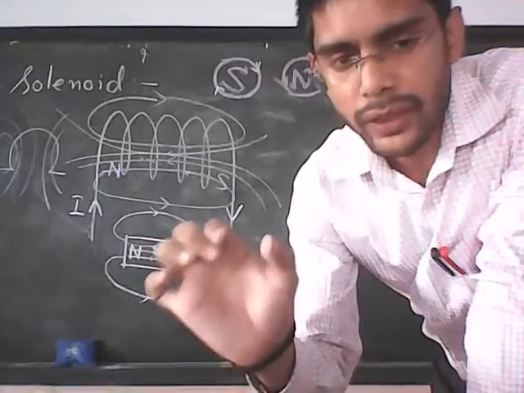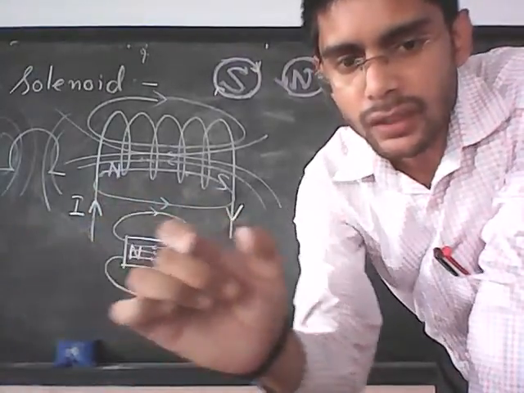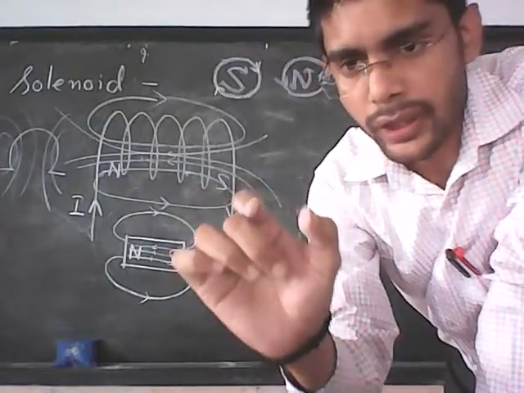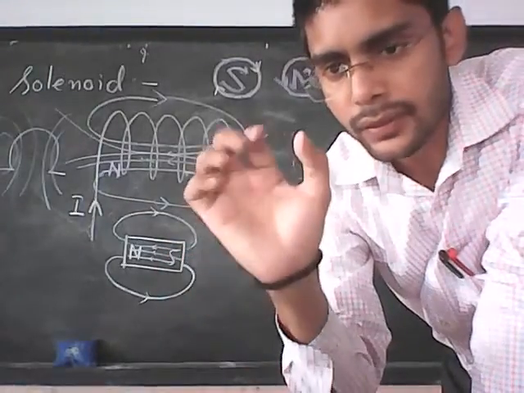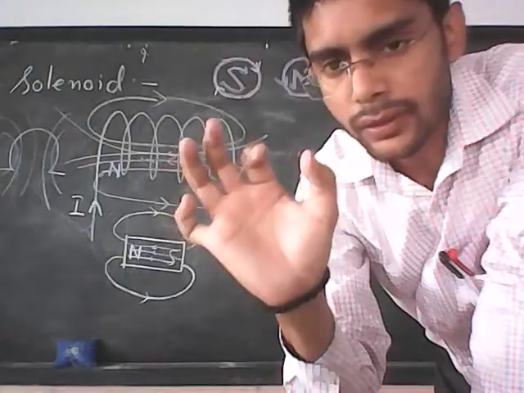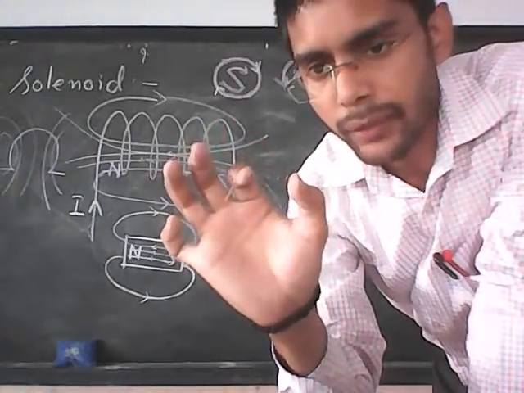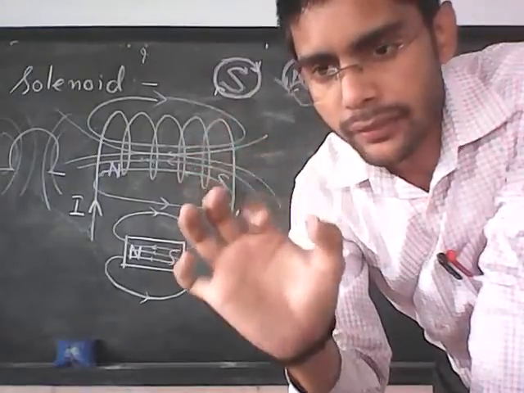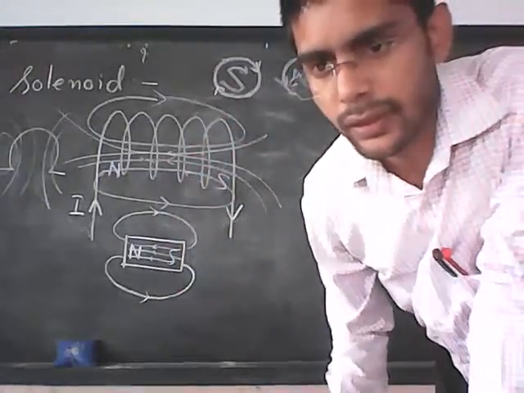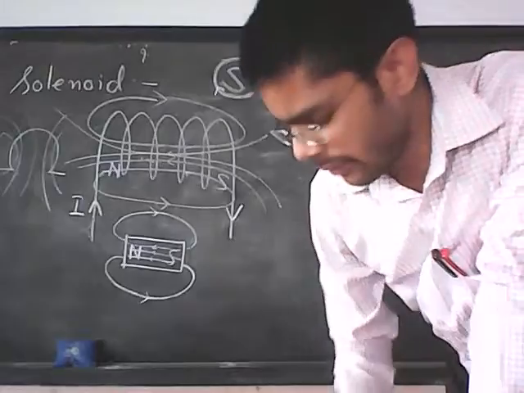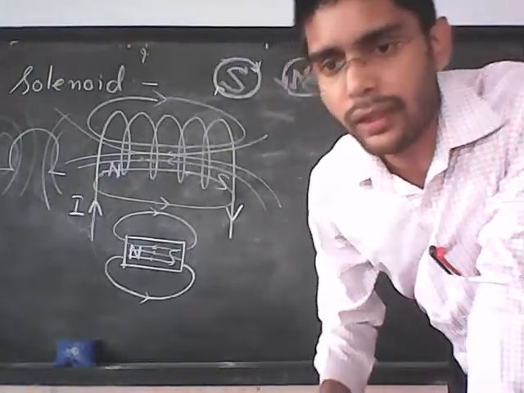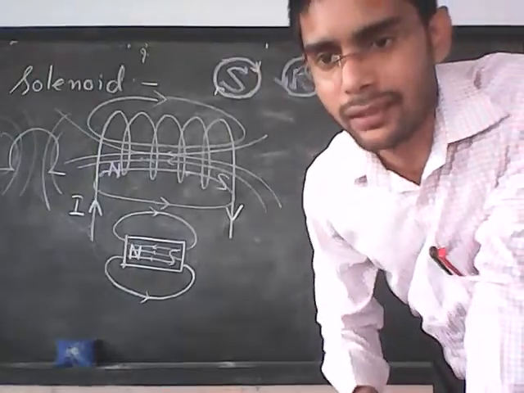See, what we can say is that this is a solenoid, and when the solenoid has any magnetic material in its core, it is known as an electromagnet. Sometimes the question can be asked, why do we prefer the soft iron core in an electromagnet, not steel?